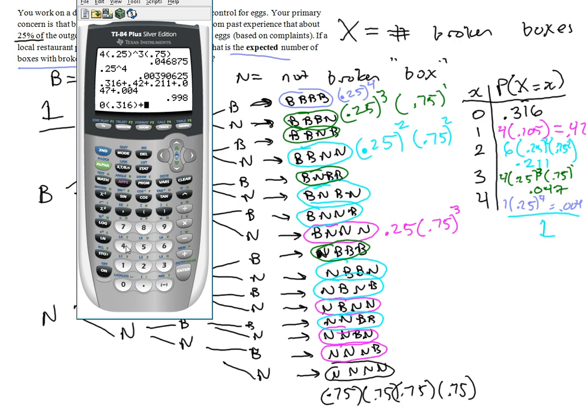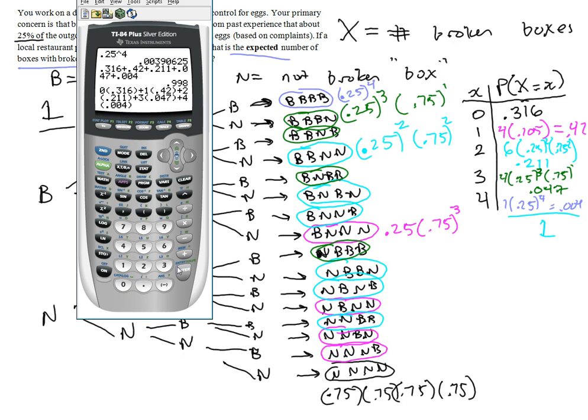Plus 1 times 0.42 plus 2 times 0.211, the probability of having 2 broken boxes, plus 3 times 0.047 plus 4 times 0.004.